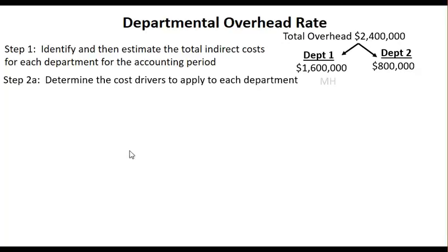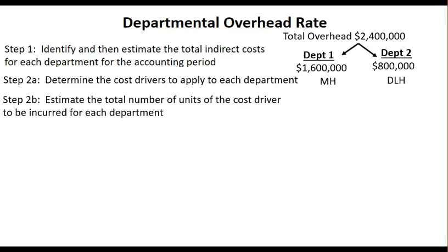Now step 2A, we determine the cost drivers to apply to each department. In Department 1, we've decided that machine hours would be the most meaningful relationship between assigning the cost from Department 1 and our cost objects. Department 2, the same thing, but in this case it's going to be direct labor hours. So what we see is that we don't need to use the same cost driver because we're no longer using a single overhead rate. We're using departmental cost drivers.